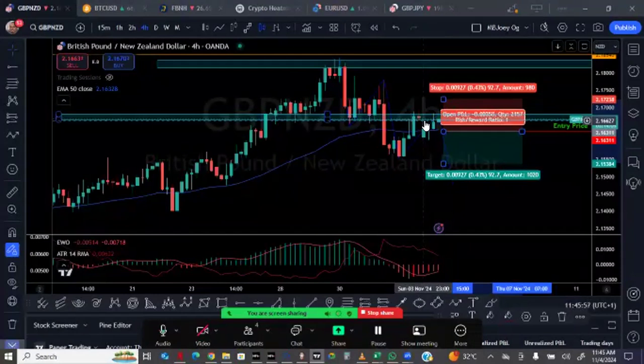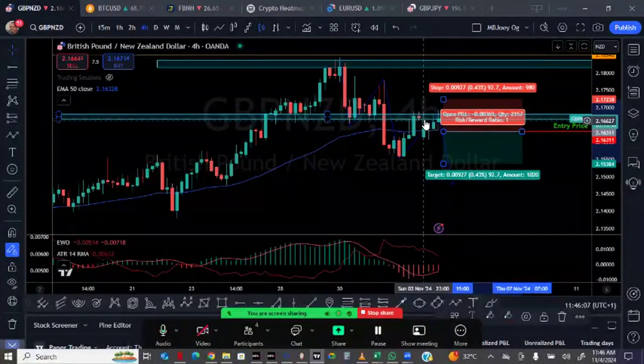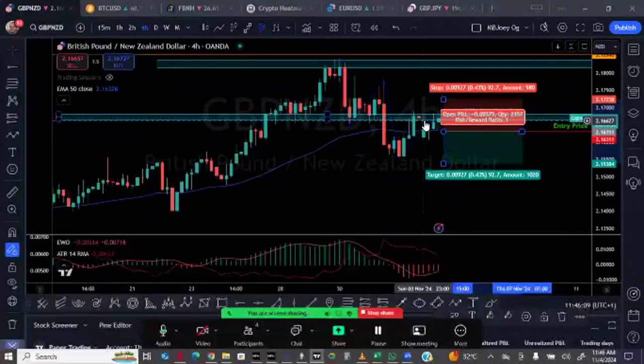So in this case, where do you think is most appropriate for our stop loss to be? Would it be above the most recent high, or would it be just around a random place? I think above the most recent high. Me too. Good.